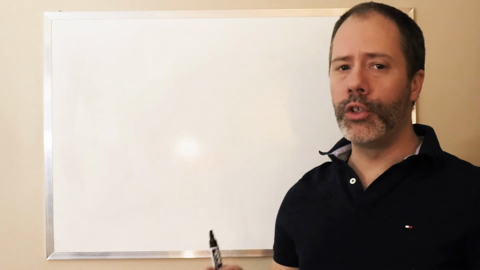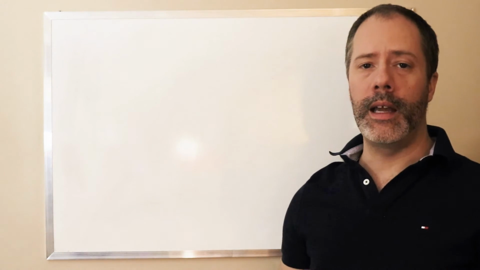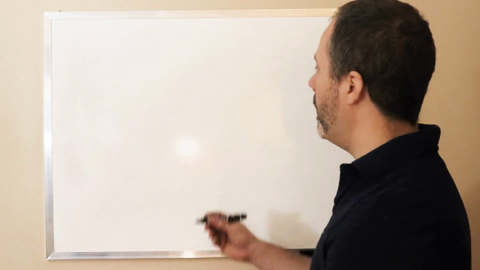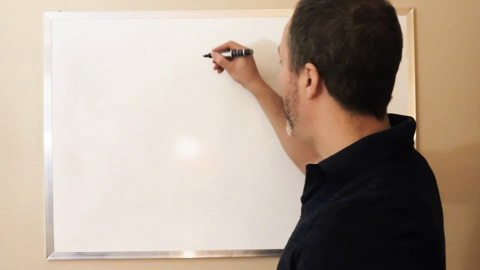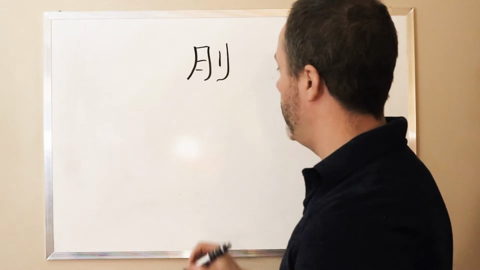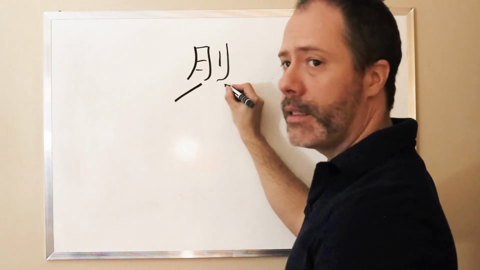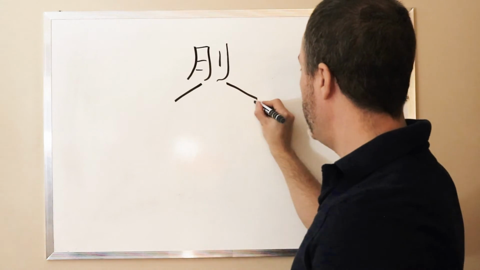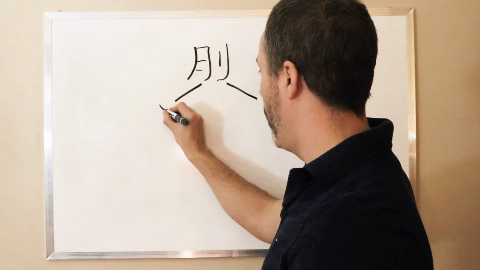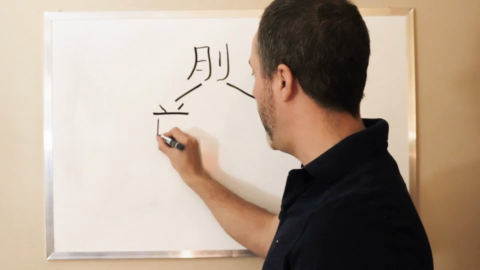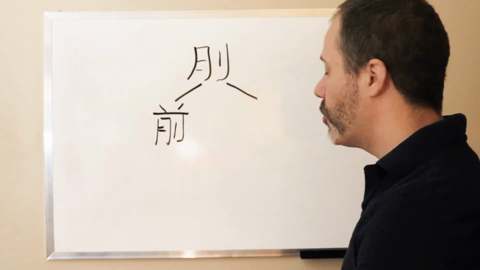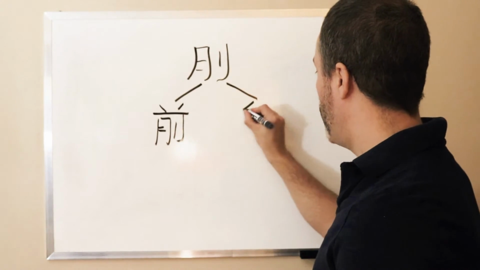Looking at all those 23 characters, it's evident that there's a pattern. There are two dominant characters. At the beginning we have this character yue, at the top, which is the character I'm studying. But we will realize that it always splits into two categories: the one for qian, which I was wondering how to write at the beginning and now already know how to write because I've written it so many times, and also yu, which is this one.